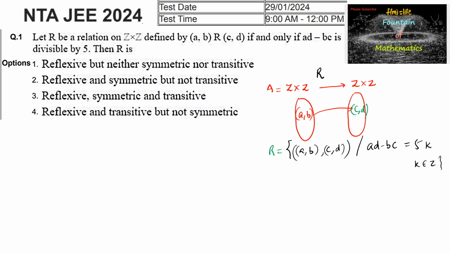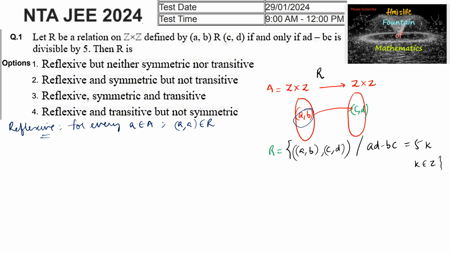So, reflexive. The definition of reflexive: for every element in the set, (a,a) must belong to R. So for every element in this set, (a,b) must be related with (a,b).